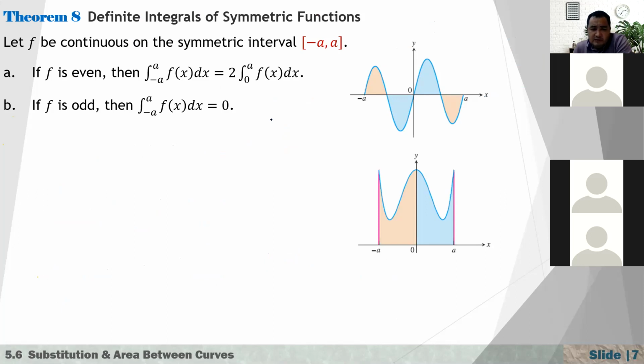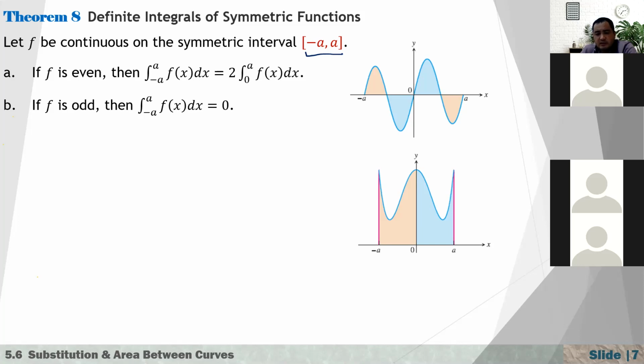The first one says that if f is a continuous function on the symmetric interval from minus a to a, symmetric about the origin, and f is an even function, then the integral from minus a to a of f of x dx is equal to 2 times the integral from 0 to a of f of x dx. And the second one is if f is odd, then this integral is equal to 0.